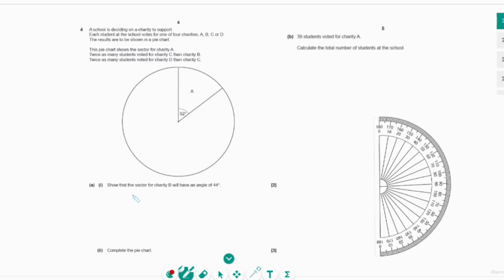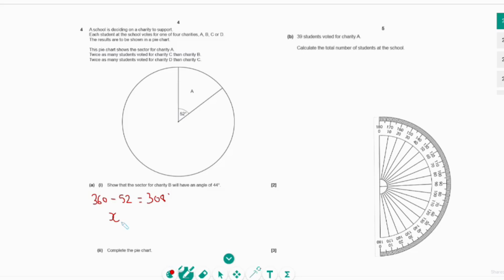Okay, so angles in a pie chart add up to 360. Let's just do 360 minus 52 to find out how many degrees we've got to spread between charities B, C and D. I'm going to represent the amount of degrees for charity B as x.